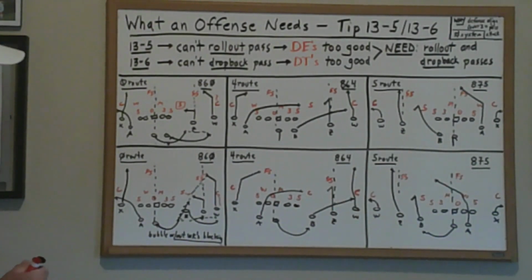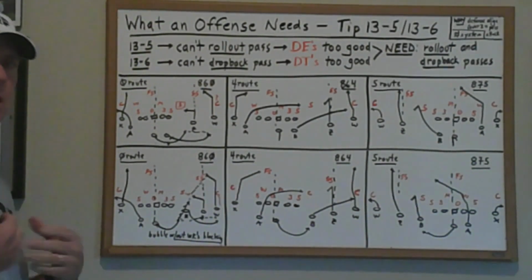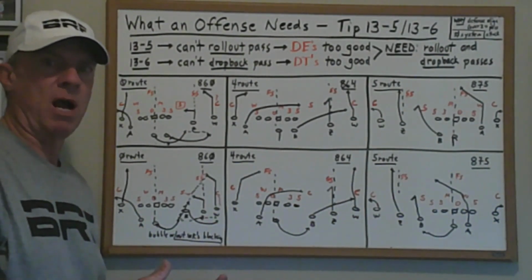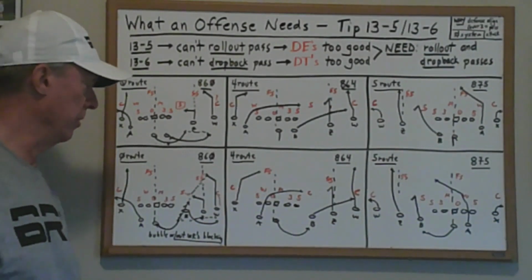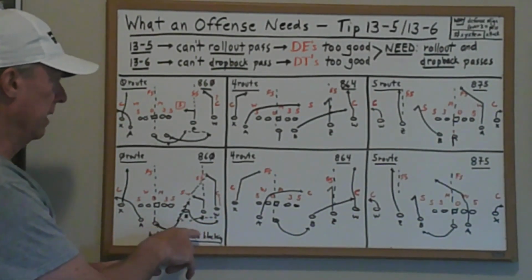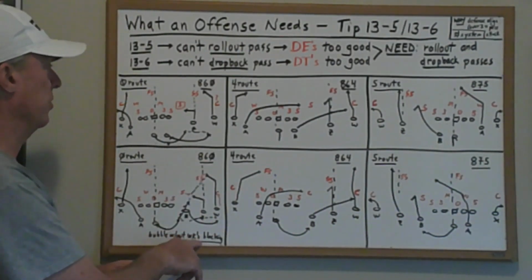All right? The thing about this zero route that I like and that I believe in, I've done an earlier talk about not having wide receivers block because they're receivers and they just don't like to do it. This is one of the ways that I can get the bubble screen and throw that without having receivers block.